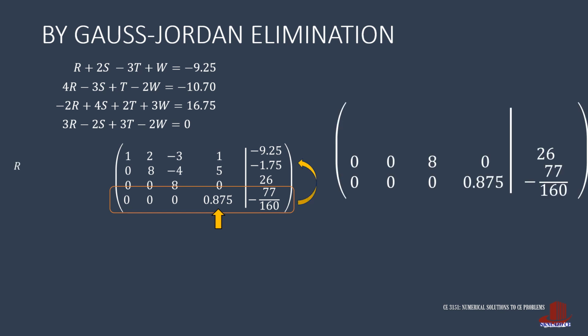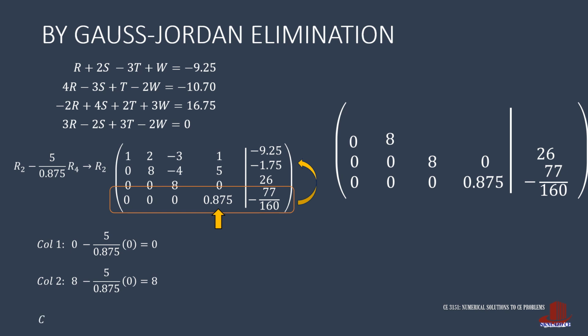Use the operation R2 minus 5 over 0.875 of R4 as the new R2. The first element is 0 minus 5 over 0.875 of 0, yielding 0. The next is 8 minus 5 over 0.875 of 0, leaving 8.